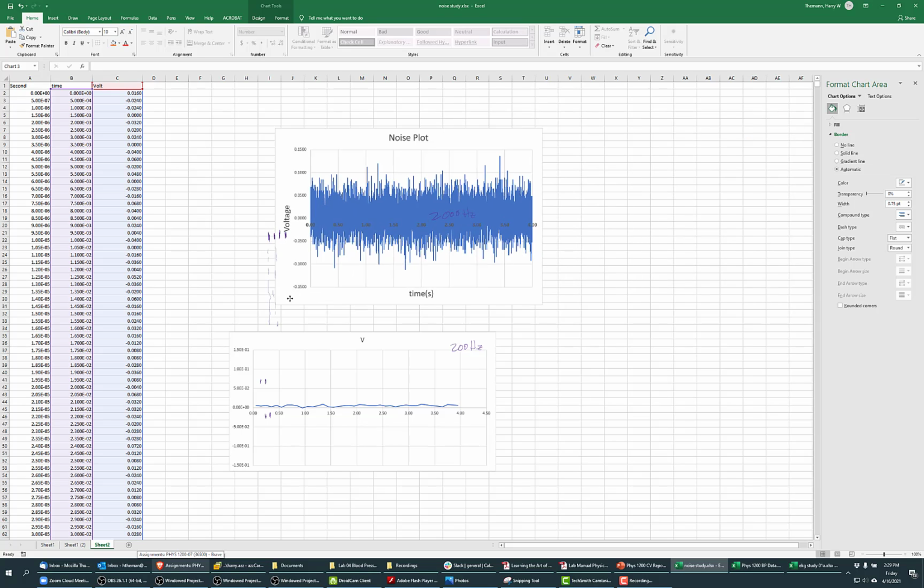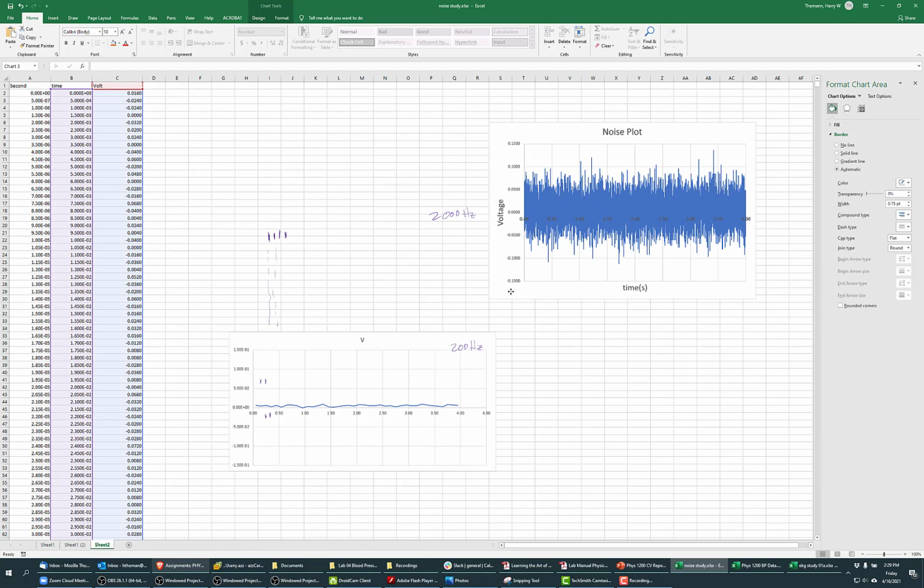So in this case, this has a sampling of 2000 hertz. And now if I lower the sampling rate to 200, then I don't see as much noise there.